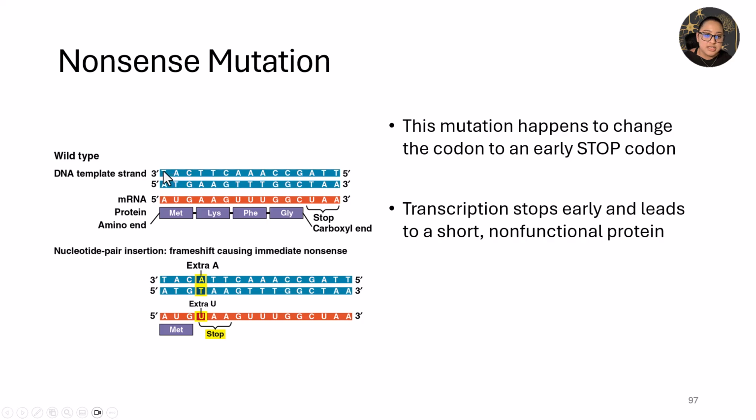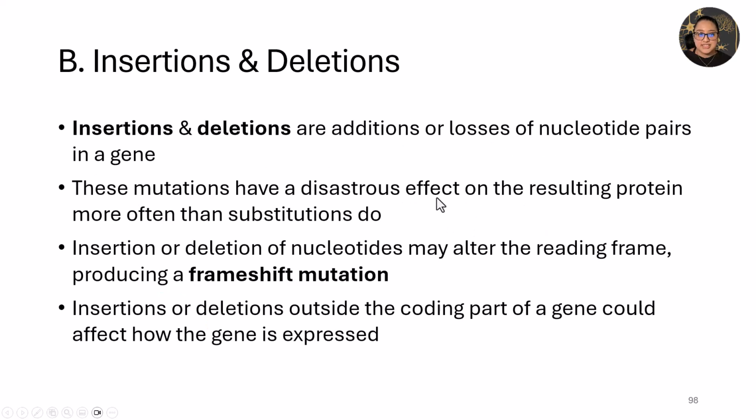Now, this template strand would be TTA if there was a T inserted. Then that shifts everything. So this isn't even a methionine anymore. That's not a start codon. That would be AAU, and that's totally different. And so that would mess everything up. So that is what insertions and deletions would do. It would change the whole reading frame, making a frame shift mutation.